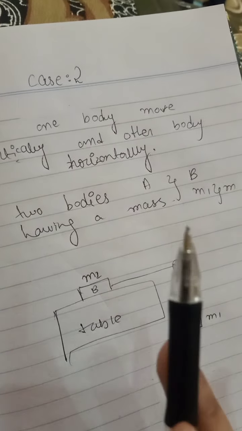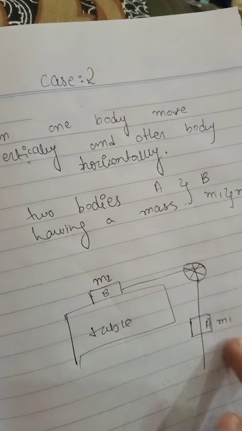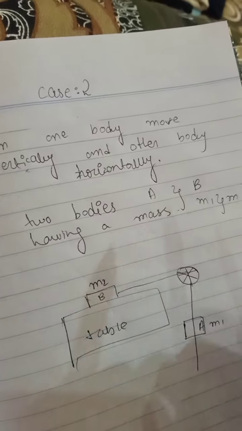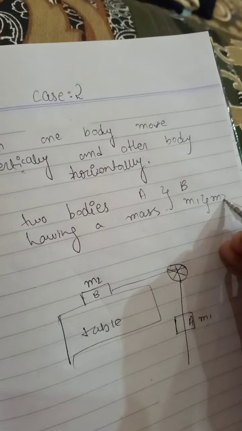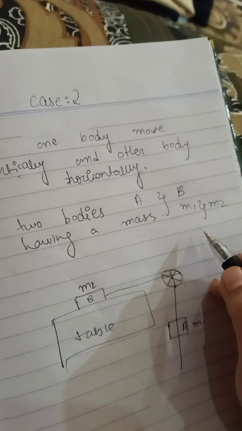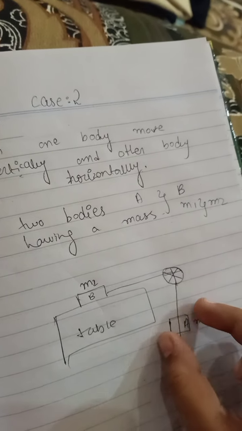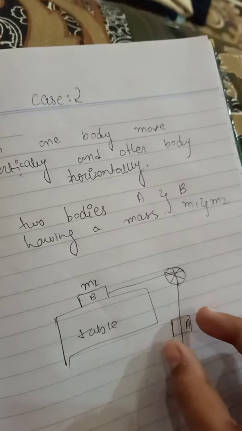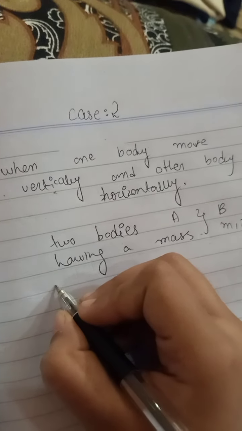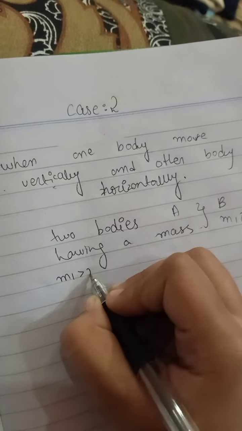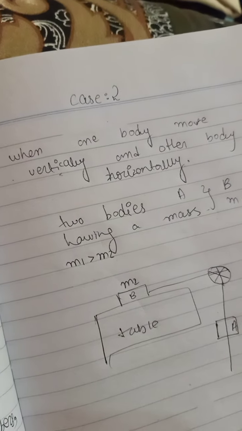So we have two bodies, A and B, M1 body A and M2 body B. And you can see that M1 has more mass than M2.